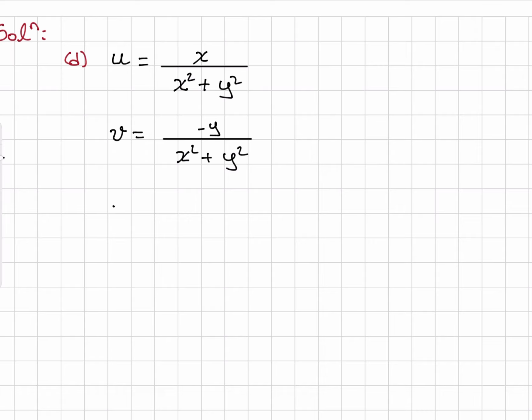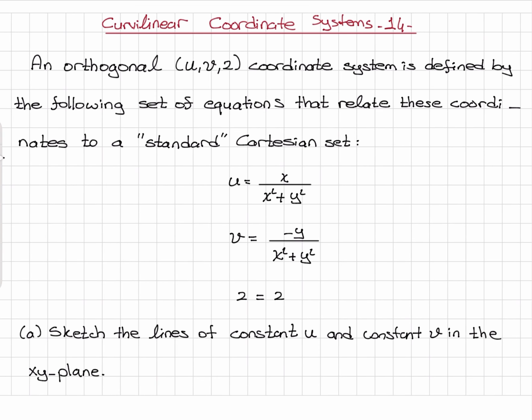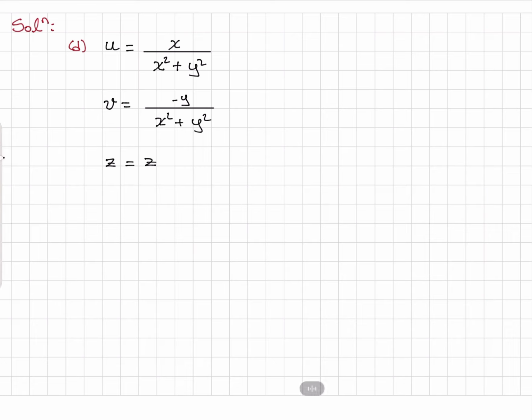And finally, z is equal to z. So let's double check. x divided by x squared plus y squared, minus y divided by x squared plus y squared, and z. So that's what we have.